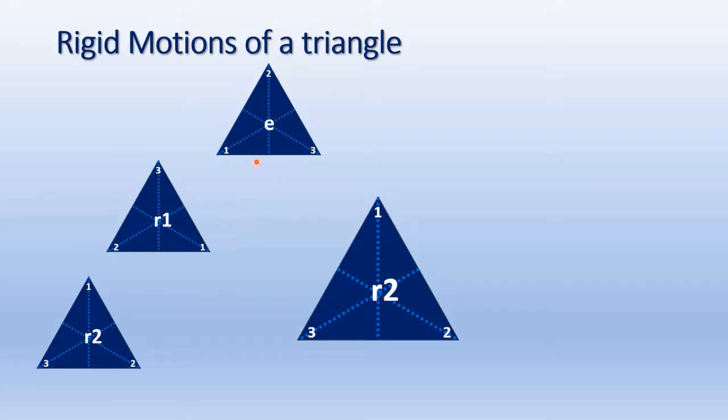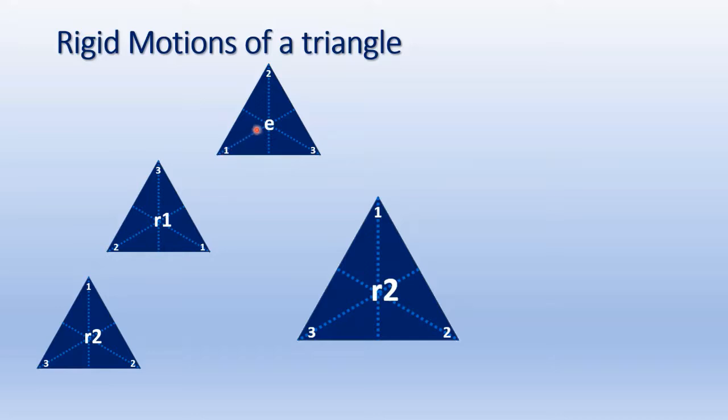Now we can consider these three straight lines, that is the medians. For an equilateral triangle, medians and the altitudes are the same. This also bisects this angle. Consider the line joining the vertex 1 to the midpoint of the opposite side.